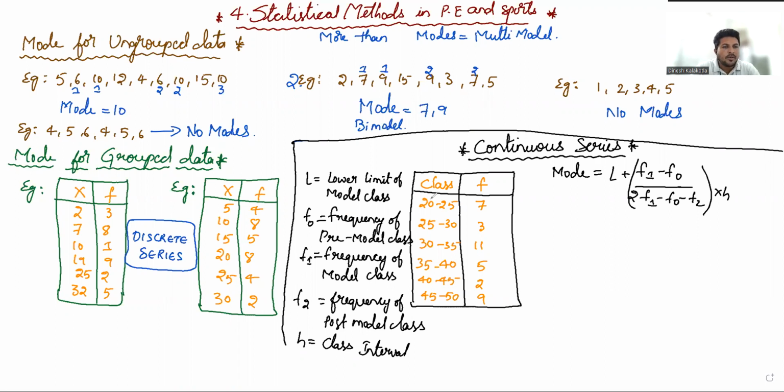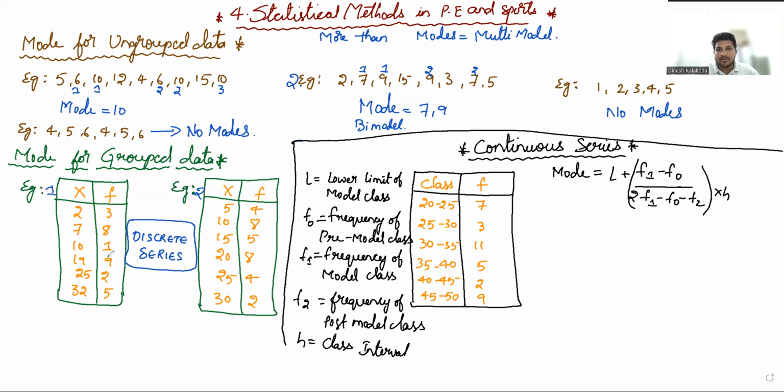Next, we will see mode for grouped data, and we already know that grouped data is again of 2 different types: discrete and continuous. First, let us see discrete series. This is example number 1, and this is example number 2. Here it is very easy, easier than ungrouped data, because the frequency is given already. In example number 1, which number got more frequency?